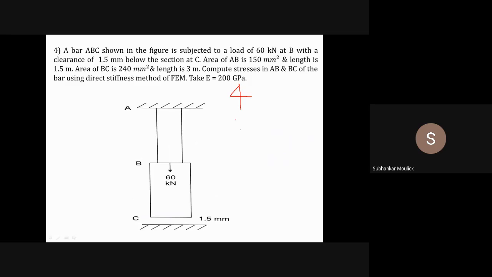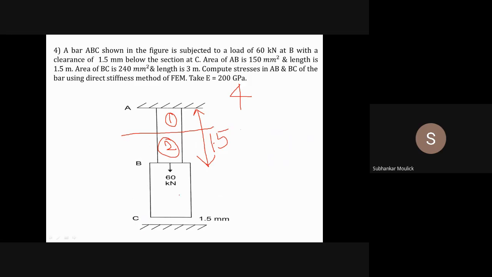So what I am doing in this problem is solving by considering 4 finite elements. How can I consider this? I know that the length of AB is 1.5 meter. I am dividing this AB into 2 equal parts. Then this is element number 1 and this is element number 2. Similarly, I have one more portion, that is BC of this problem.